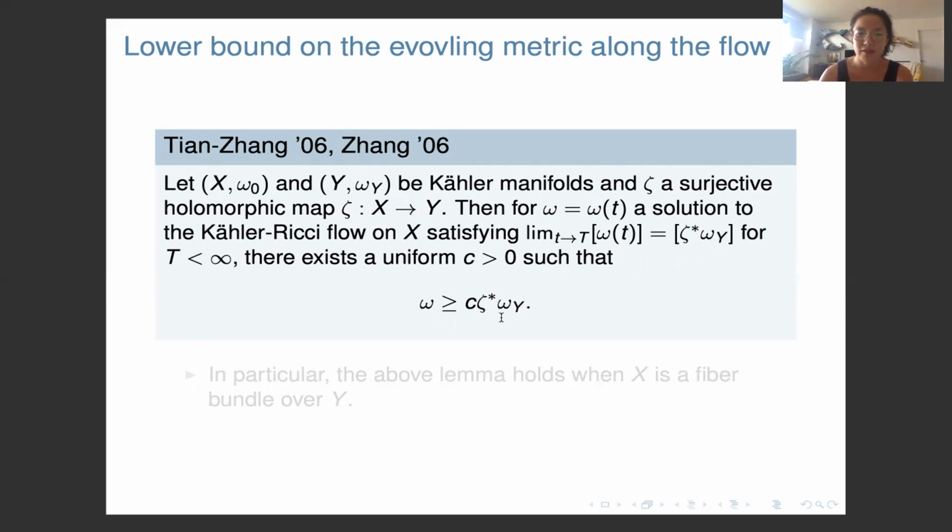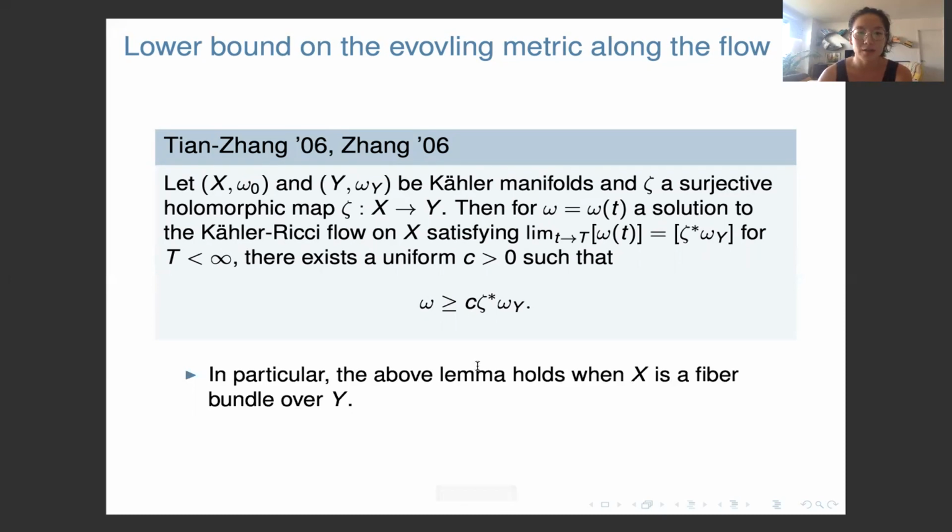This statement looks like the previous Yau-Schwarz lemma statement, but here I have to make a different set of assumptions. We assume it's finite time and that these class conditions hold, but I don't have to assume that the bisectional curvature is strictly negative, which was the case on the previous slide.